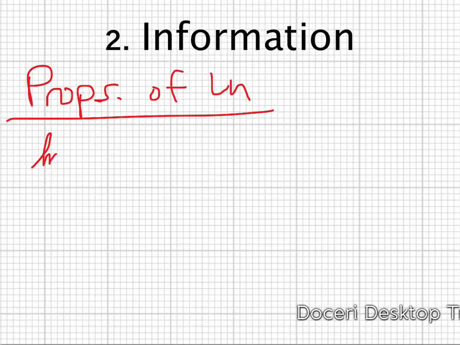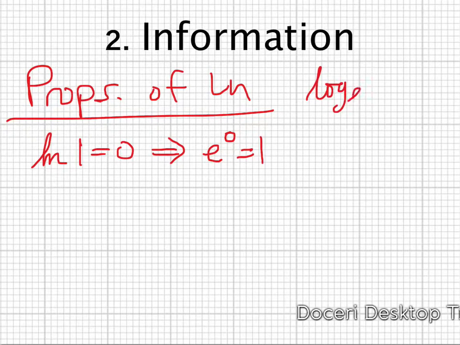So if I have the natural log of 1, that's equal to 0, because if I raise e to the 0 power, that's 1. And remember, log base e of x is the same as the natural log of x. So if I say log base e of x is equal to 1, then I'm saying e to the first power equals x. So what does x have to equal?